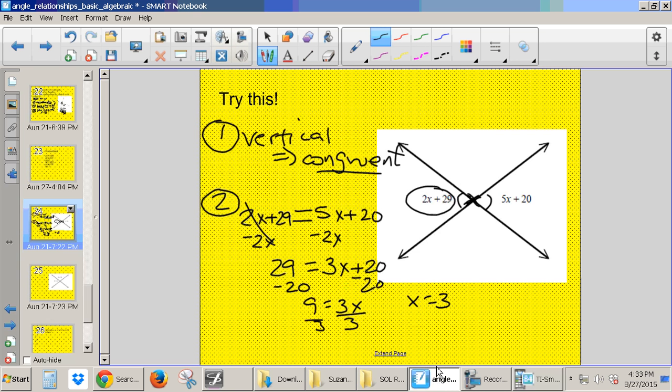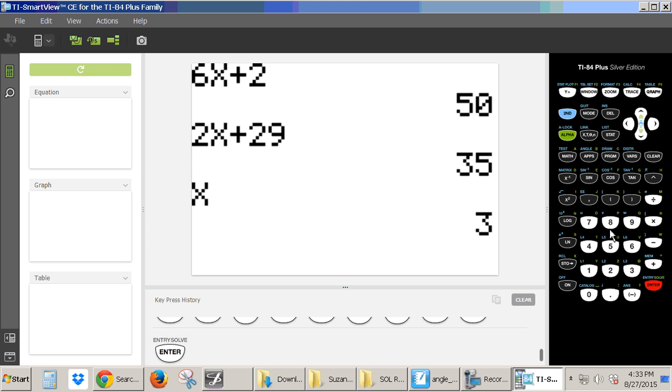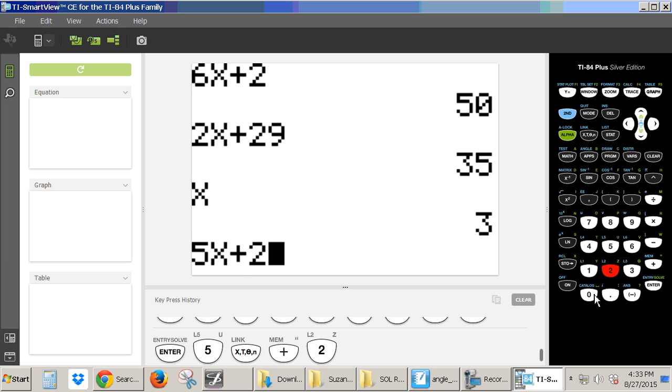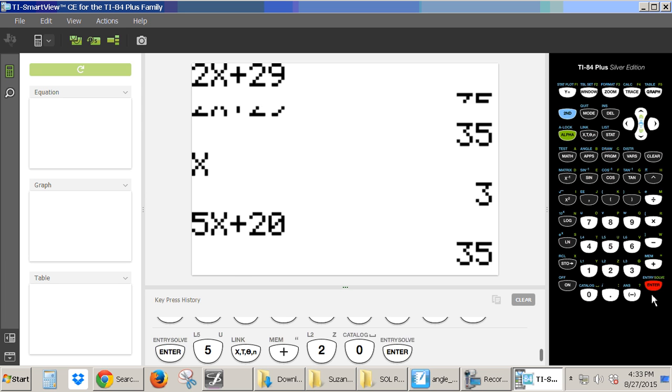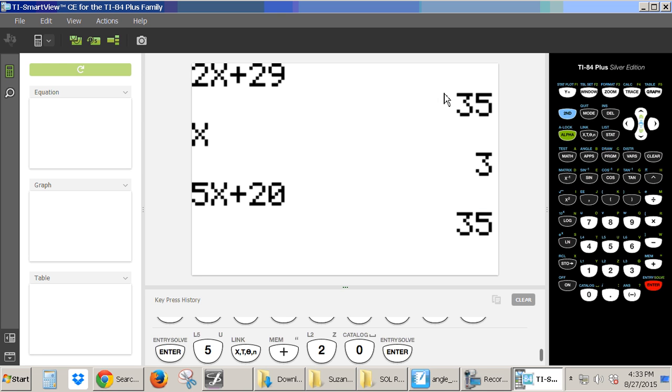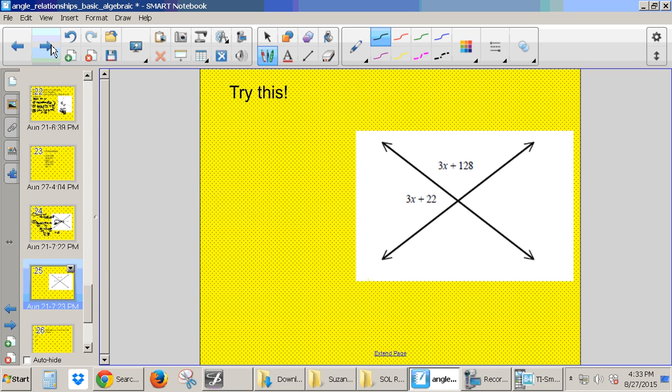So the angle on the left is 35 degrees. The angle on the right should also be 35, so I'm going to type in my calculator 5x plus 20 just to make sure that I did everything right. And yeah, I got the same thing for the left angle and the right angle because they are congruent, they're vertical. I'm going to show you one more.